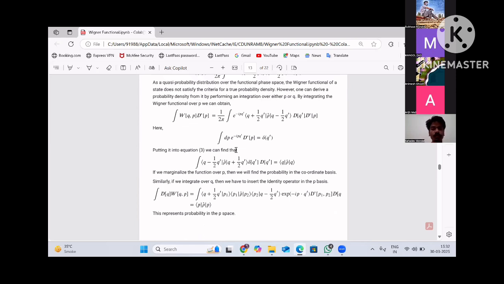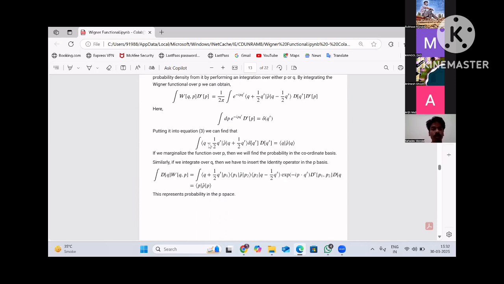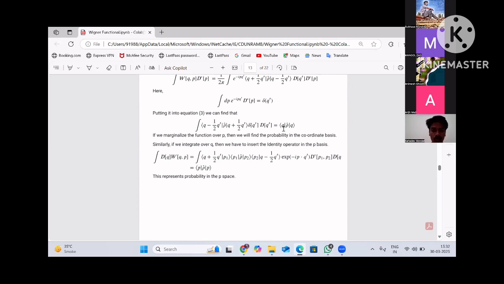Putting this into the equation, it is written in the position coordinate, meaning the density matrix can be expanded in the position coordinate.